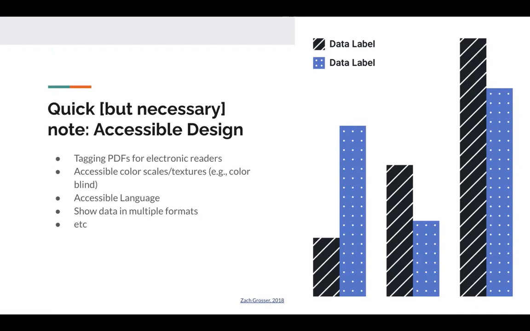So, making it textured or making it colors that people who are colorblind can see. Using accessible language is really important, as we mentioned earlier, as is showing data in multiple formats to make it highly understandable. All these sorts of things are best practices. So really consider how you can go about doing so.